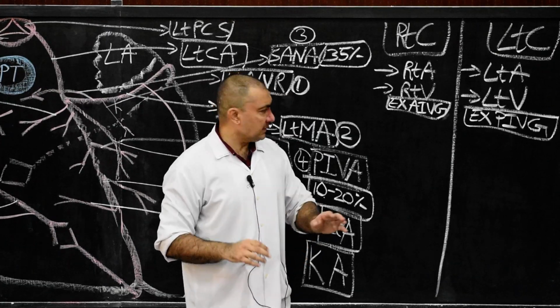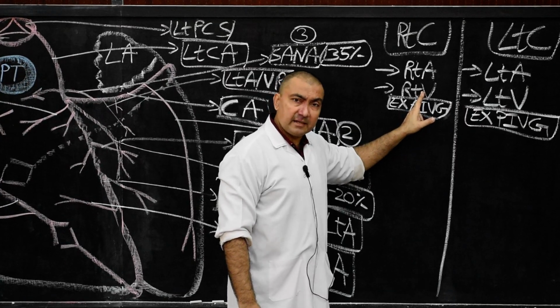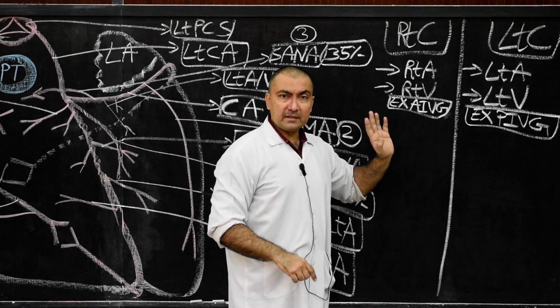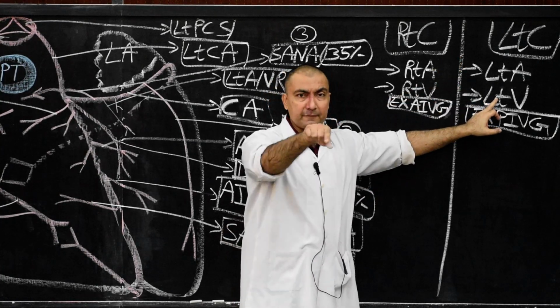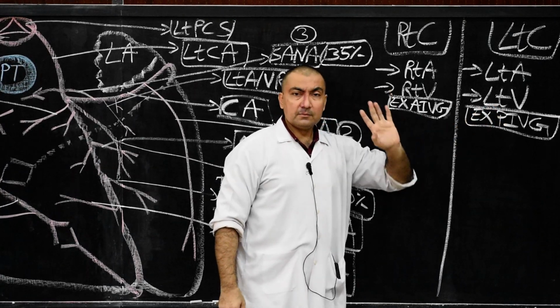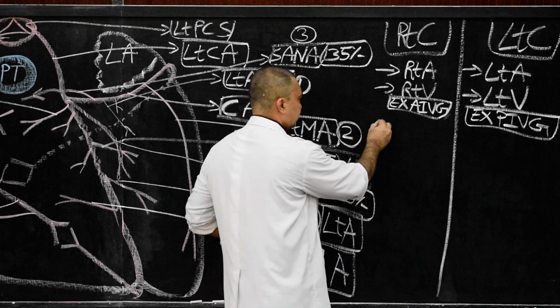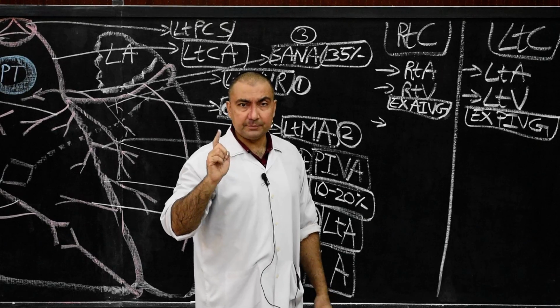Should be very simple. Once again I'll repeat, the right coronary artery supplies the entire right ventricle except the anterior interventricular groove, and the left coronary artery supplies the entire left ventricle except the posterior interventricular groove. Then next, remember the ventricular septum.